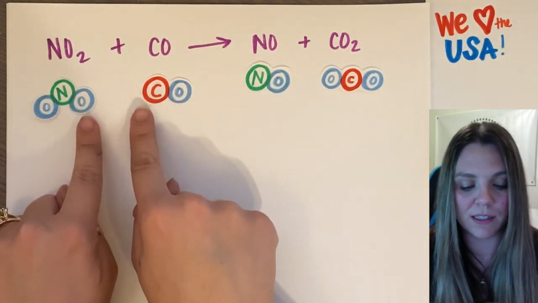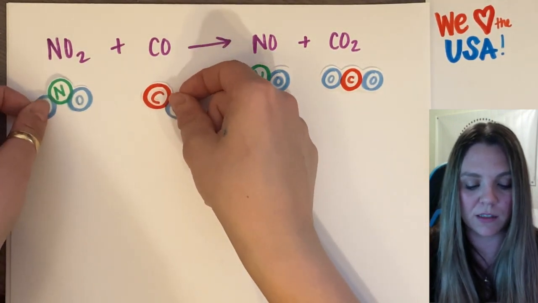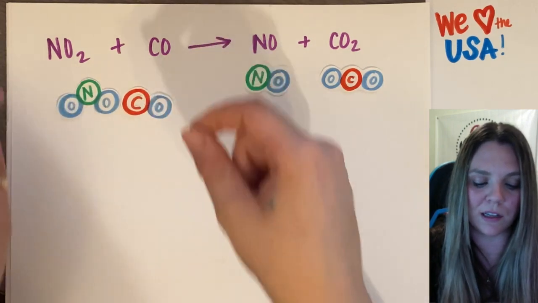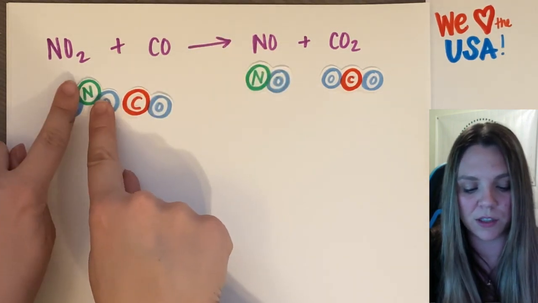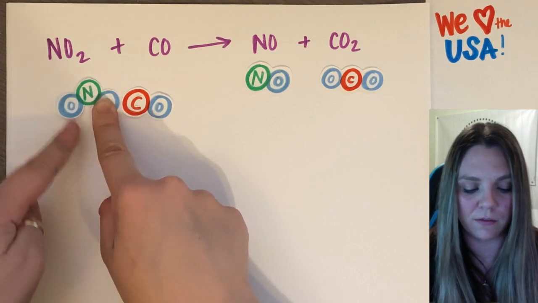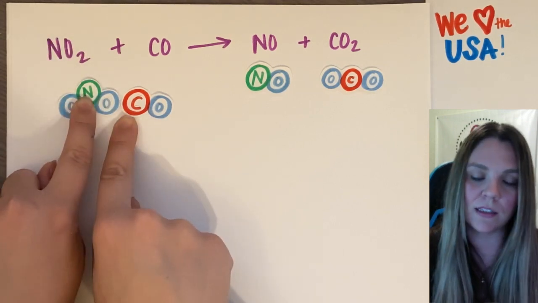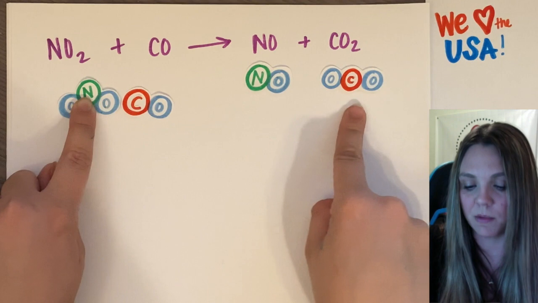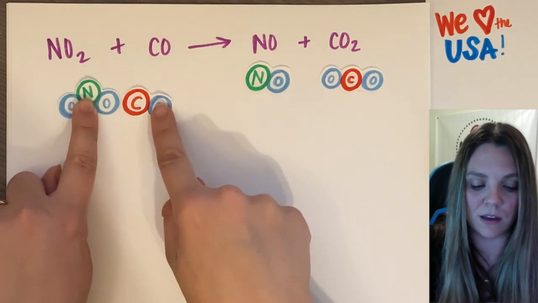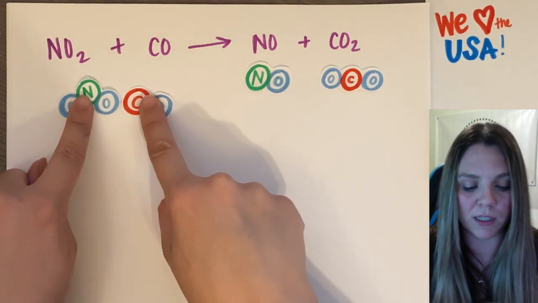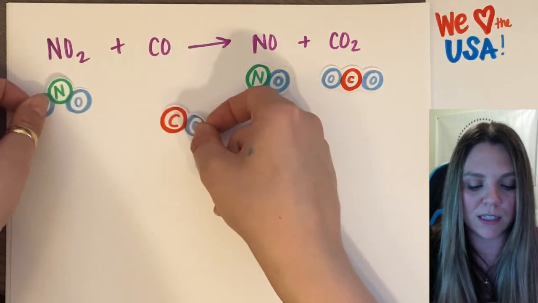That means if the C and the O collide, then this oxygen is going to separate away from my NO2 and connect to my carbon monoxide to become carbon dioxide. But that's only if I have the proper orientation of the O's and the C's connecting.